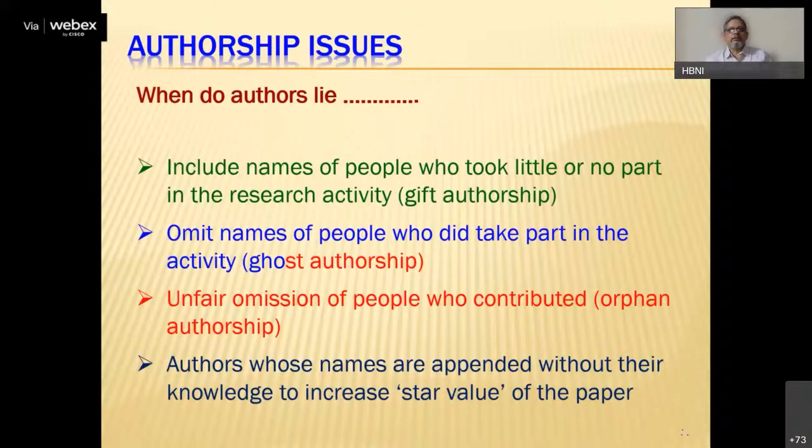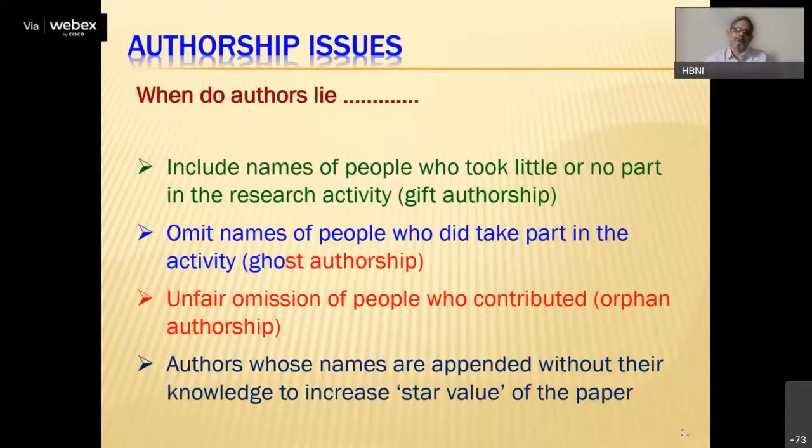Sometimes you find that a person has contributed substantially to the research work, but at some stage during the manuscript writing or submission process, that particular name gets omitted for some reason, which usually is unethical. And then there are authors whose names are appended without their knowledge.